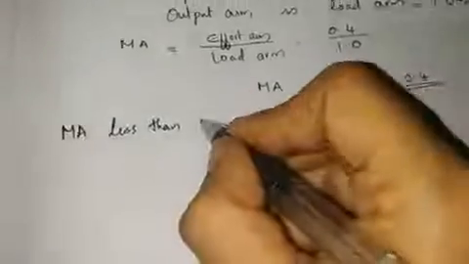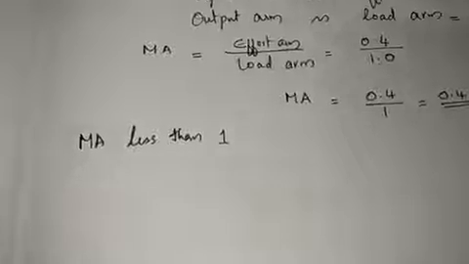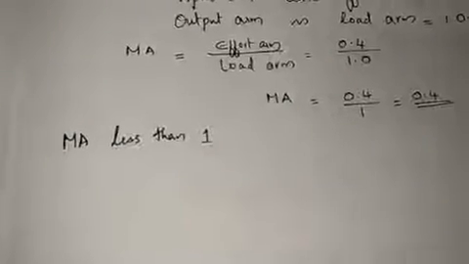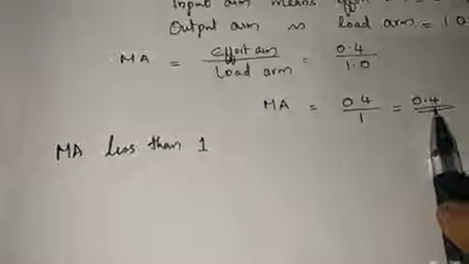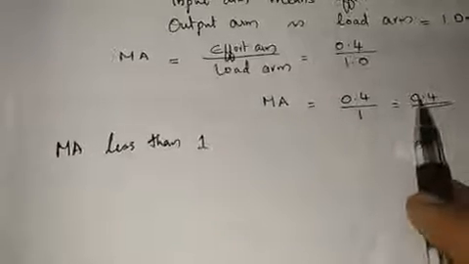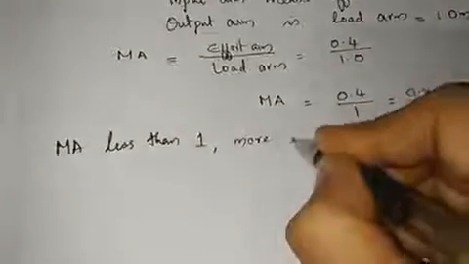Here MA is less than 1. Therefore, she needs to apply more effort. Did you understand? Here 0.4. If it is more than 1, we can say less effort is needed. Here less than 1, so more effort is needed.